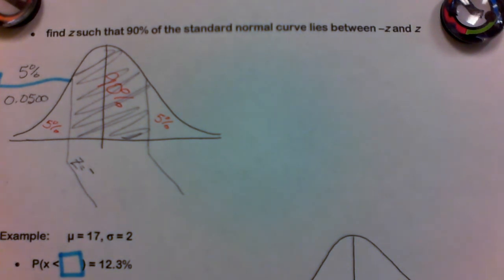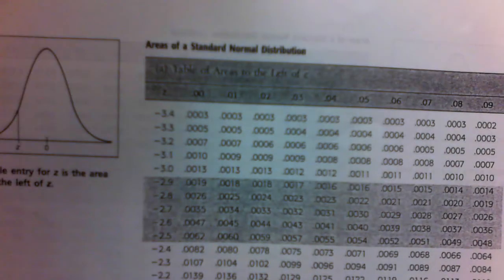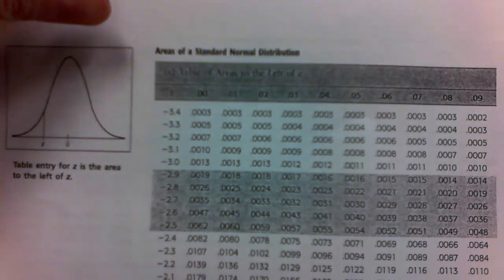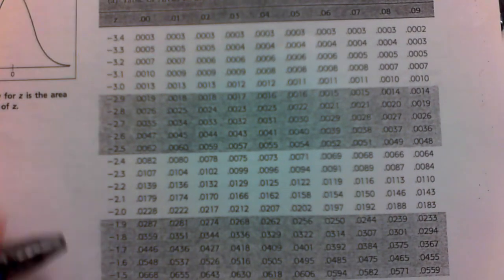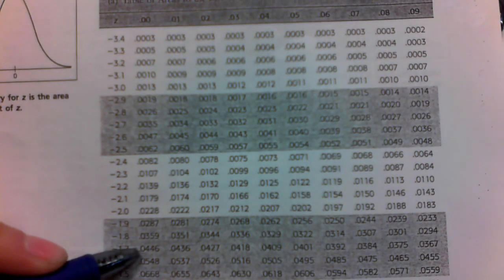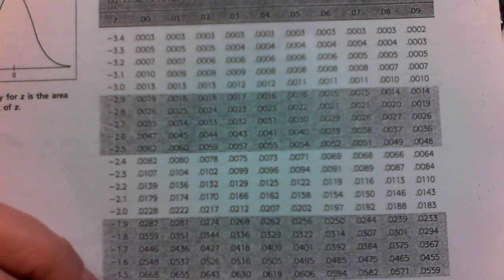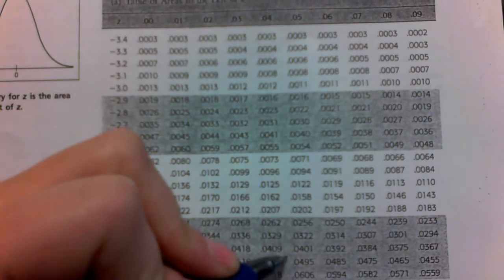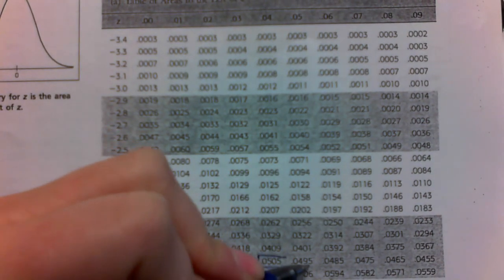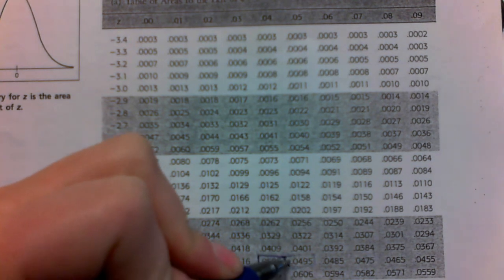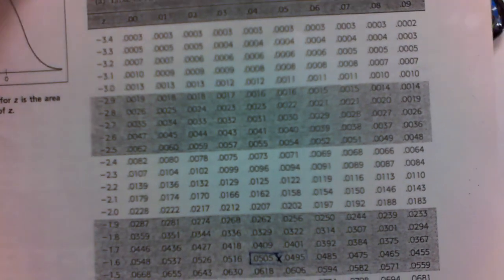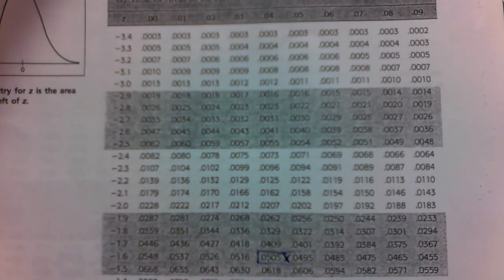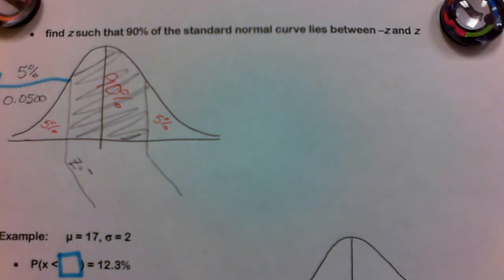Okay, so I'm looking for 0.0500. Well, here's 0304. I want 0500. Well, I find these two, and it would fall in between these: 0.0505 and 0.0495.